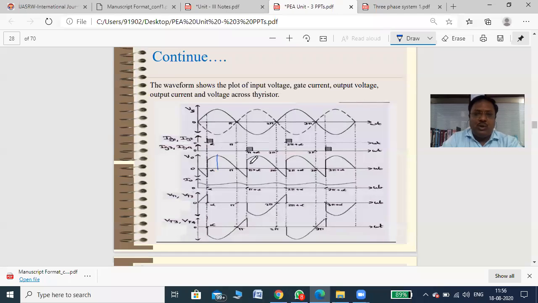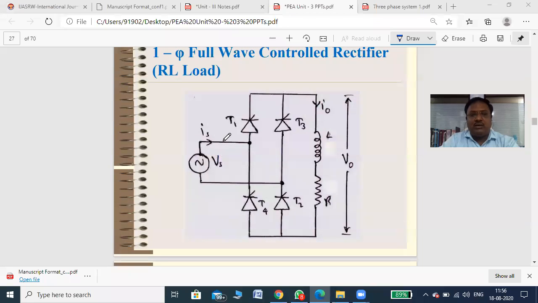In this figure, the firing angle is less than 90, so definitely you will get only this part as power transferred from load to source. We know that during the period pi to pi plus alpha, the energy is delivered from the inductor to the supply. When SCRs T1 and T2 are in the on state, the inductor stores energy in its magnetic field.